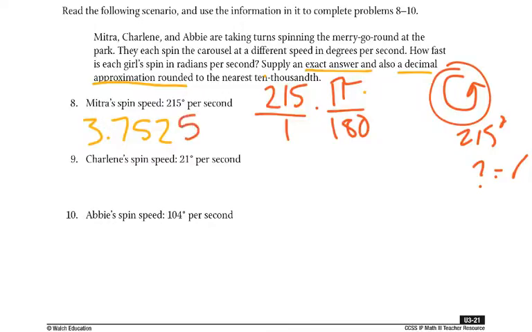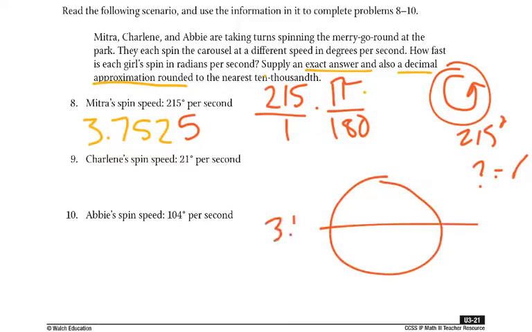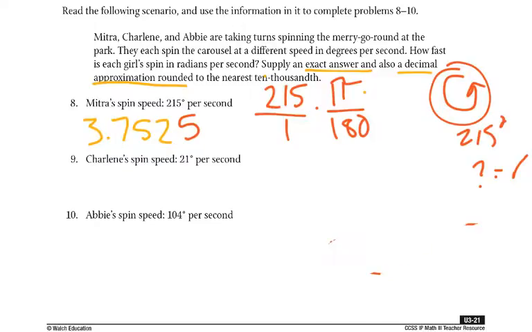So we go 5. So 3.7525. Now that gives us an idea, remembering that half of that is 3.14, we know it's right about there in 1 second. But the problem comes in later when we need to make that exact, because it'll help us later on.